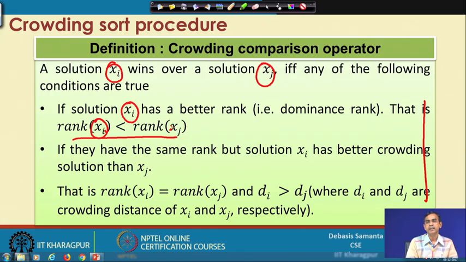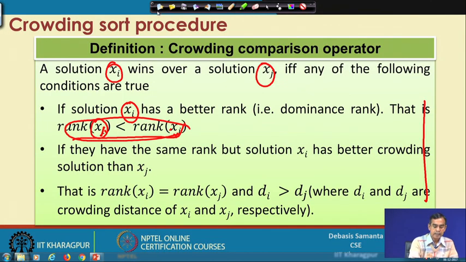Now, rank, you can remember I told once that all the solutions which are in the first front can be considered as a higher rank, and then the solutions in the next front are the next rank, and so on. So, if xi is in the first front and xj is in the next front, then we can say that xi is the winner over xj. This is the one condition to be satisfied.